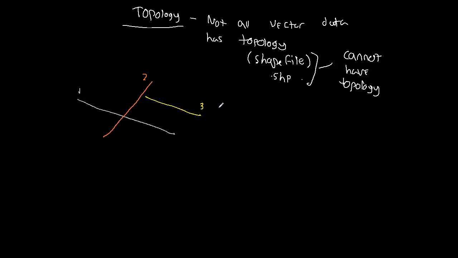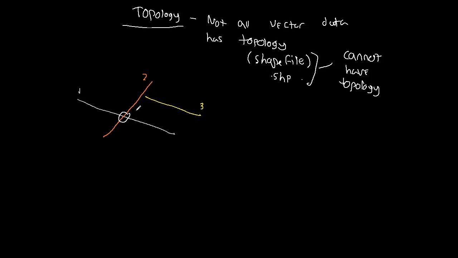Knowing very little about vector data at this point, you might look at this and think, okay, that's great, this is perfect, we have some vector data. Who cares? Well, look at the way that we've drawn this currently. These two roads just run across each other, and there's nothing telling the vector data that these two roads interact in any meaningful way.